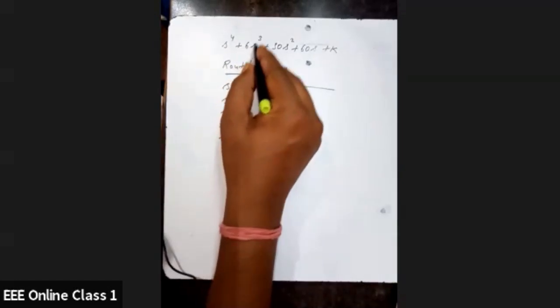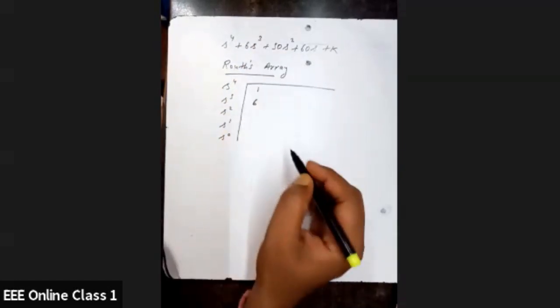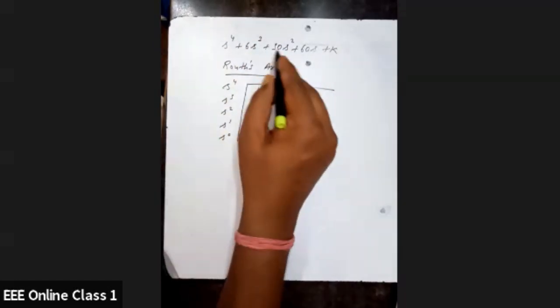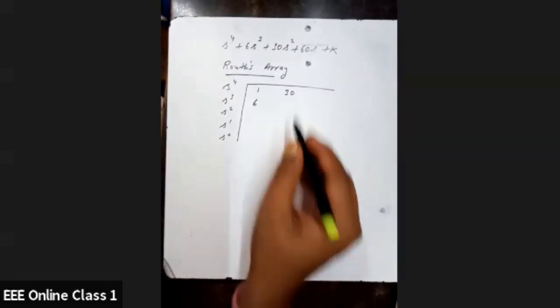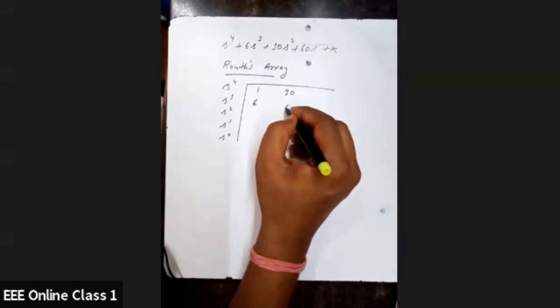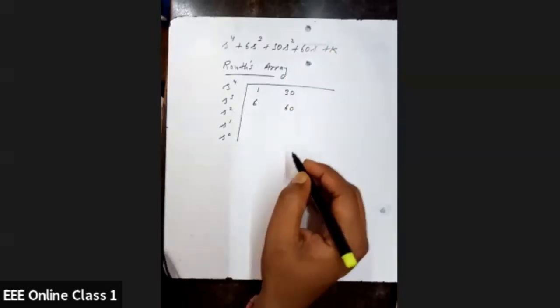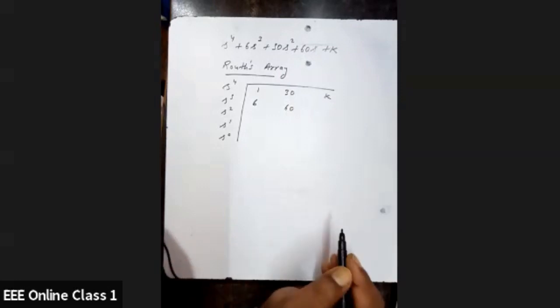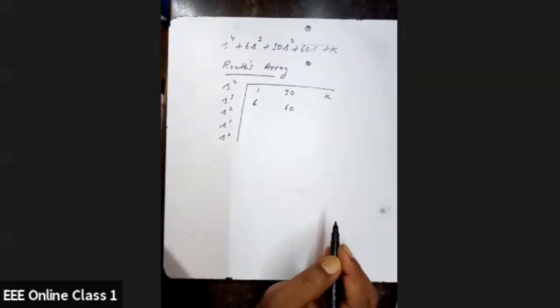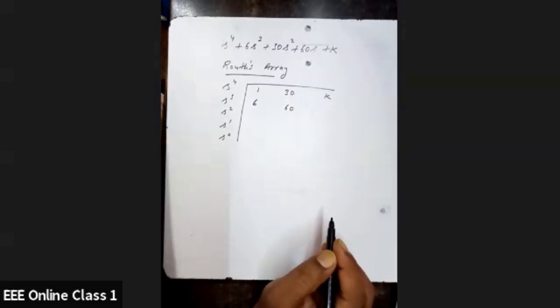Then 6 S cube, 6 will come here. 30 S square, 30 will come here. 60 S, 60 will come here. And K will come here. So this is how the first 2 rows are filled using the characteristic equation.